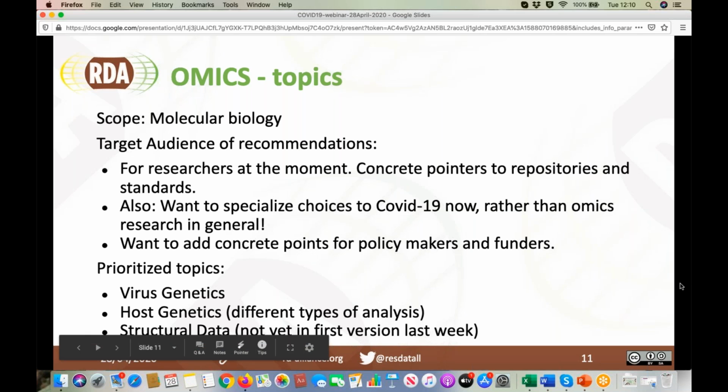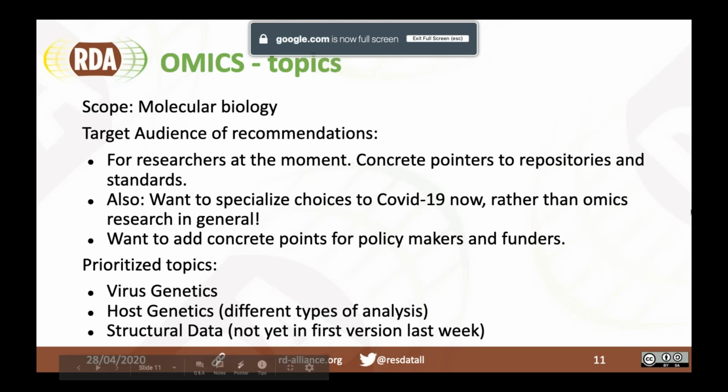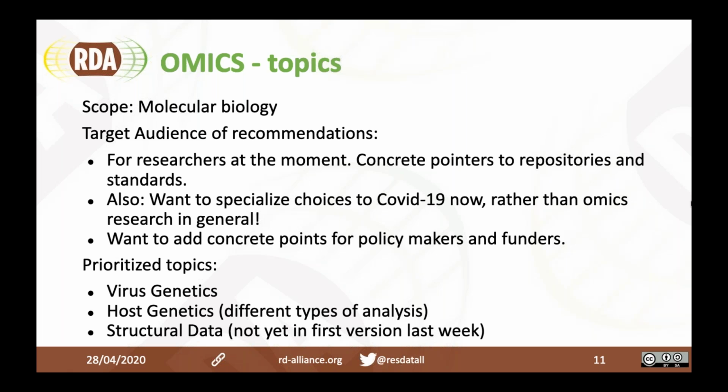But there are other directions in which we would like to grow, and that is to make the recommendations more specific to COVID-19, rather than just how to deal with omics data in a generic research project. And also we would like to extend to other stakeholders, which could include researchers that are looking for data, but also policymakers and funders.